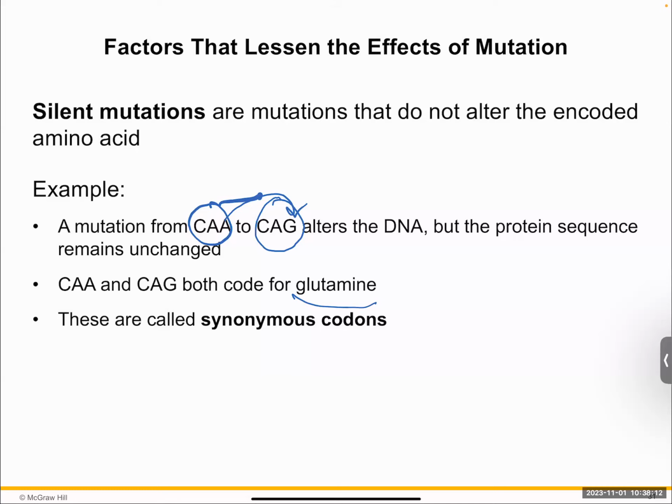Because the amino acid sequence didn't change, we also call that a synonymous codon, because again, encoding for either CAA or CAG did not change the sequence of the amino acid.